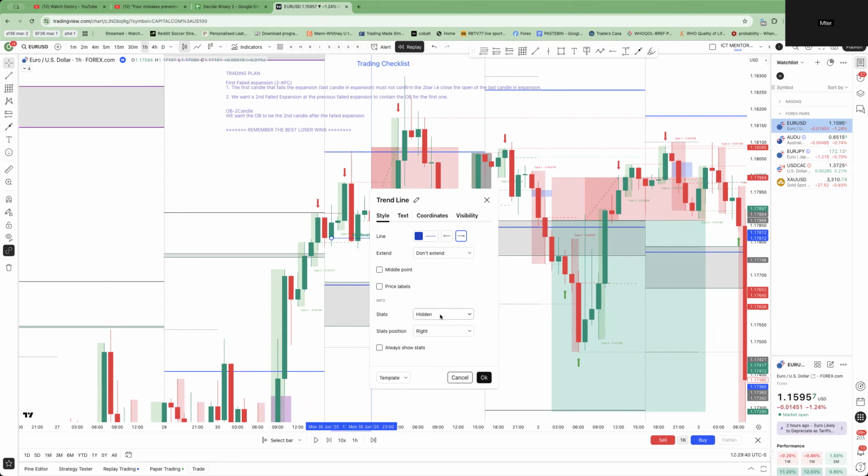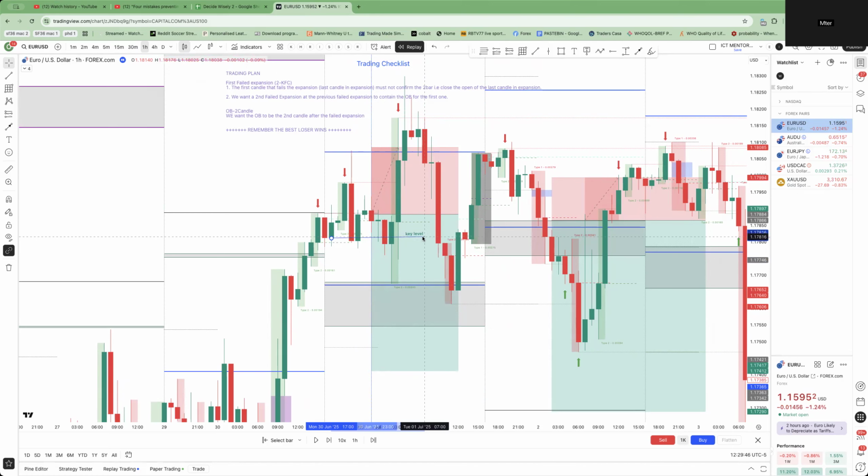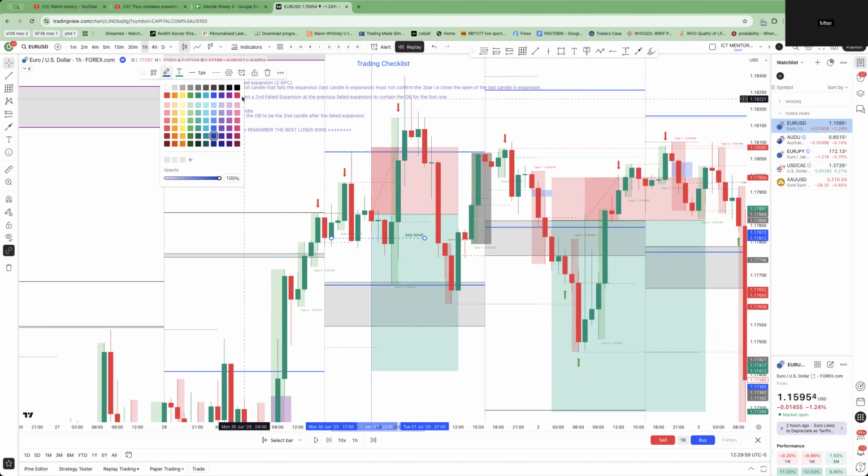Normal is good. Okay. Sorry guys, I should have done this before. Dashed. So key level. Oh, I need a color that is not anything on this chart that I typically use. That is fading. Okay, I like that.